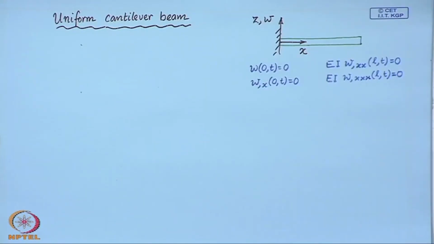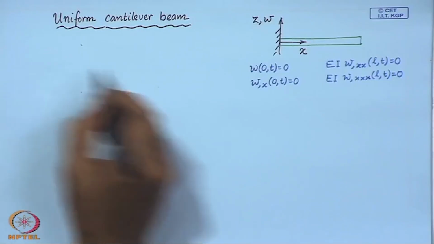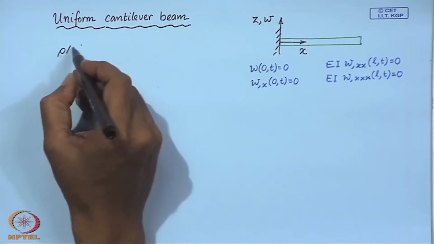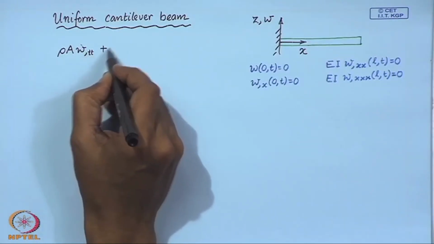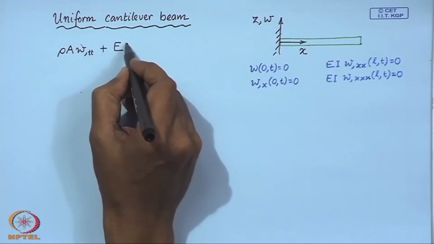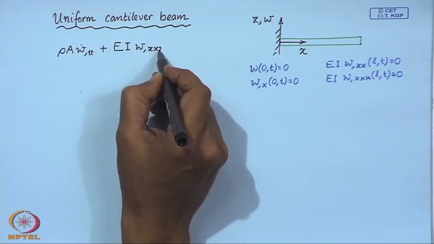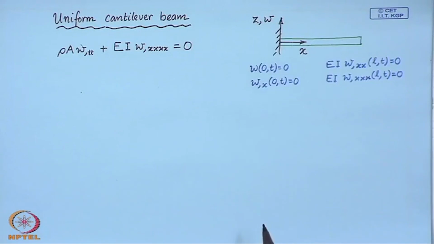The equation of motion remains the same. We are considering an Euler-Bernoulli beam with these boundary conditions.